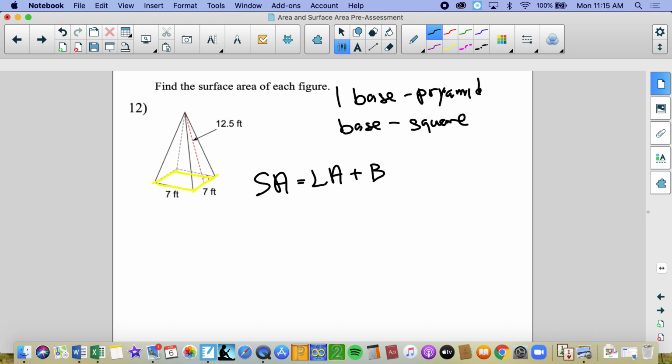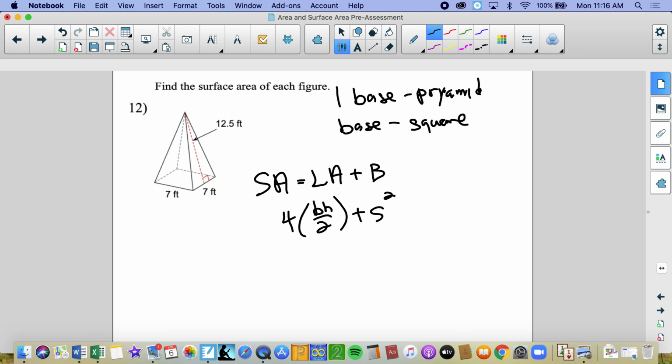So lateral area is going to be 4 times, now let's think about the shape of that face on the lateral area. It's a triangle. So it's base times height divided by 2. And then my base shape is a square. So the lateral area is 4 times the quantity base times height divided by 2.